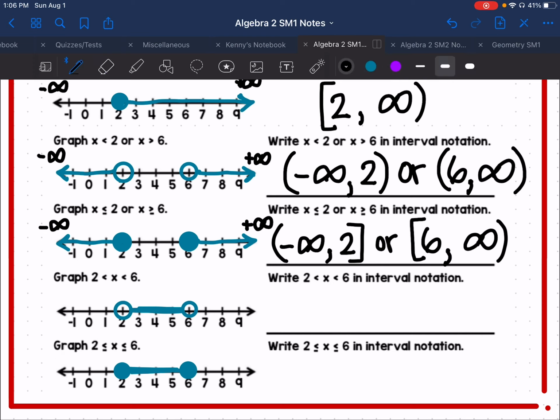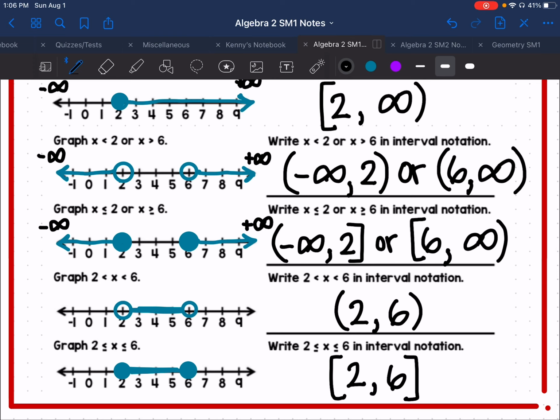We are simply going to use the numbers 2, comma, 6 because it's just going to go from point to point. For this first one, it's parenthesis, parenthesis because they're both open. And for the second one, 2, comma, 6, it's bracket, bracket because they're both closed.